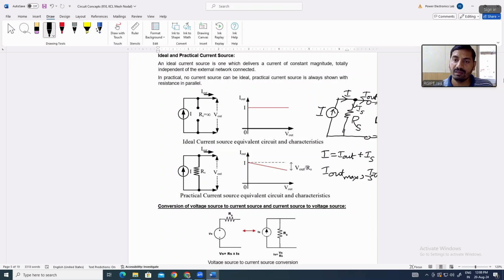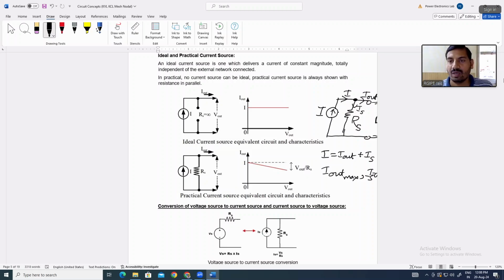There will be a little current flowing through the internal resistance of the source, but we can keep the value very high.